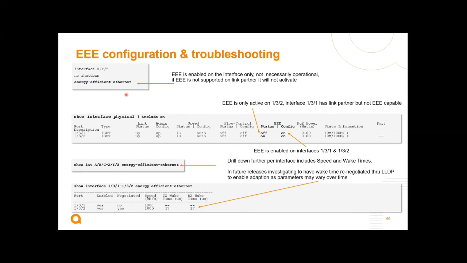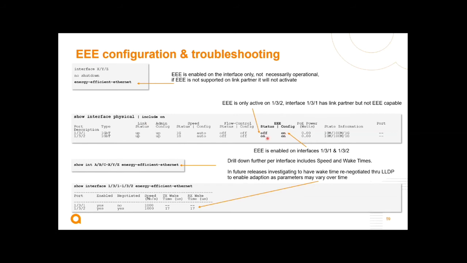Okay. So if I'm going to troubleshoot around energy efficient Ethernet, you can do show interface physical, and I think everybody should be familiar with that. But we've now got a new column inside the show interface physical that's got an EEE section as of 10.6, and you can see on these two ports I've configured it on.